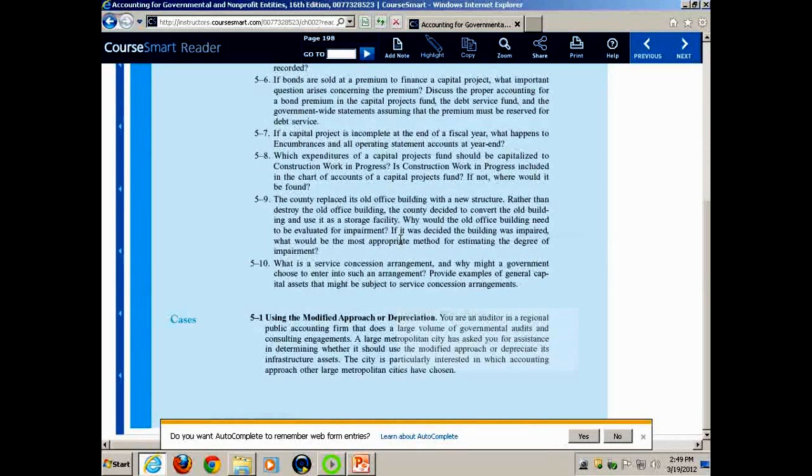Just read that and we'll okay, so first of all, has an impairment occurred here? Who says yes? Why do you think so?